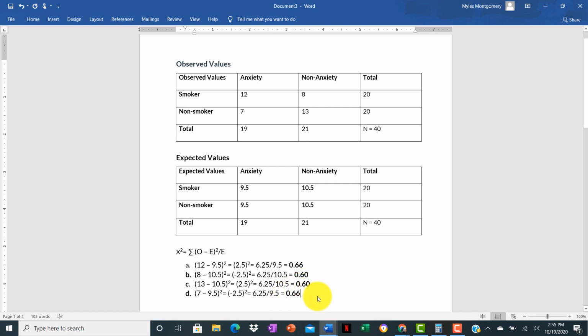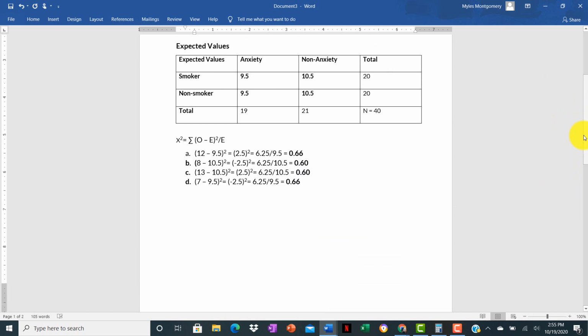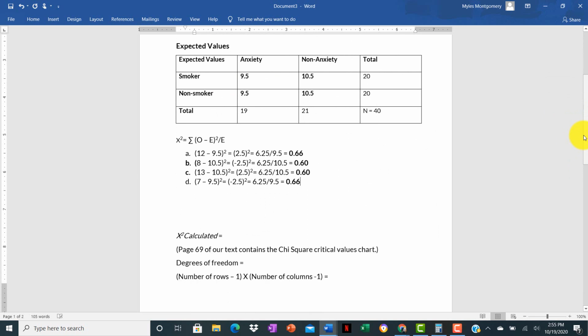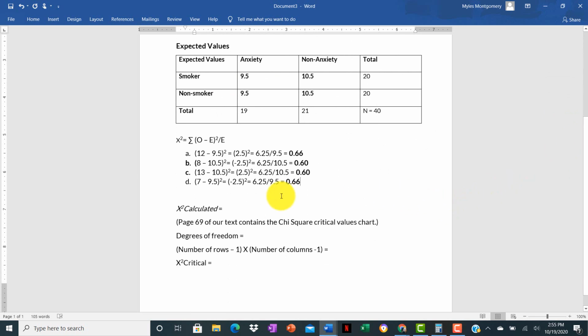And I think what I did already for your viewing convenience is I went ahead and put the calculated value here. How's the calculated value going to look? Well, we're just taking all those numbers, because remember what this formula tells us to do. It tells us to sum it all up. So 0.66 plus 0.60 plus 0.60 again plus 0.66 again.